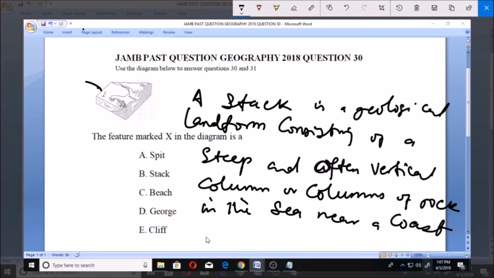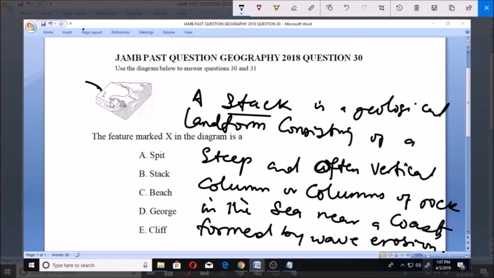Now, a stack is actually formed by wave erosion. Stacks are formed over time by wind and water processes of the coastal geomorphology. So that is what a stack is. And looking at the landform very well, we are going to see that it has the features of a stack.